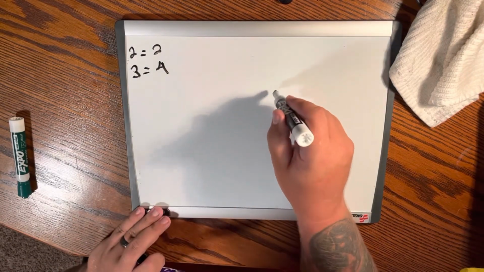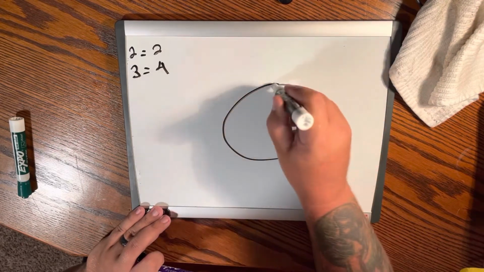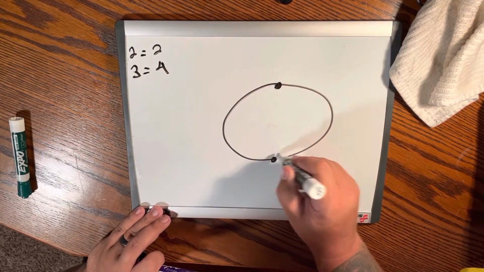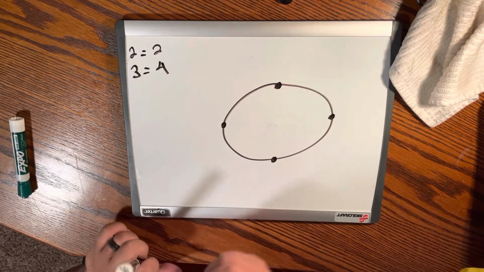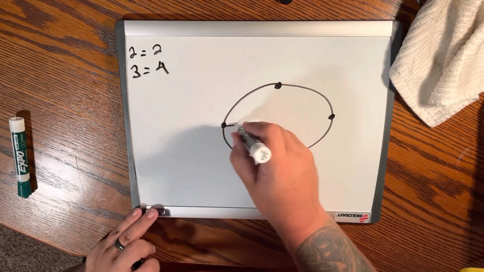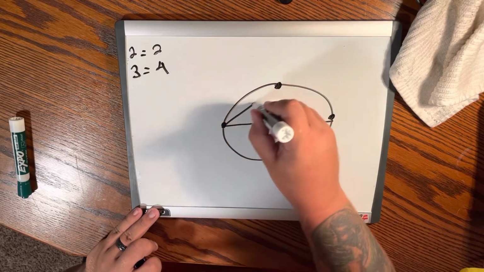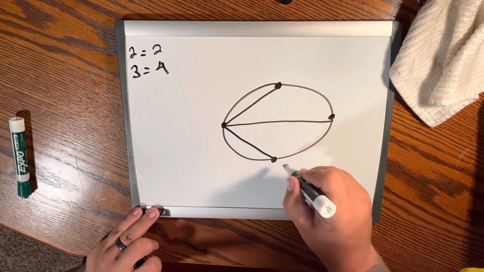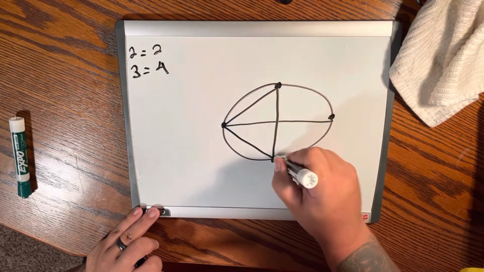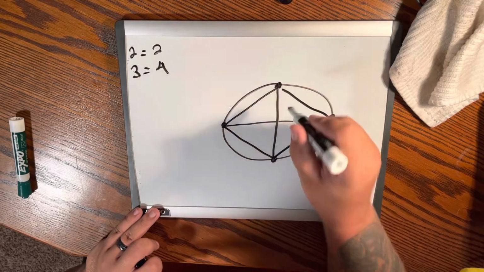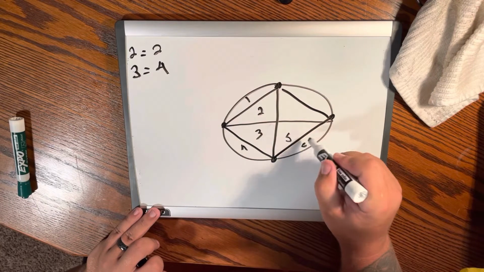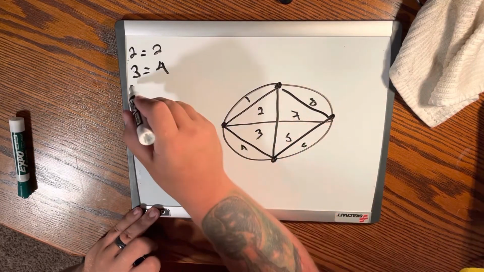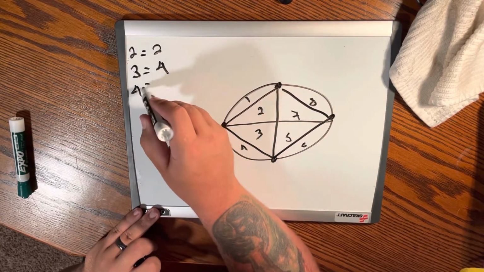Let's go 4 points. 1, 2, 3, 4. So we connect, connect, connect. This is 1, 2, 3, 4, 5, 6, 7, 8. So at 4 points, there are 8.